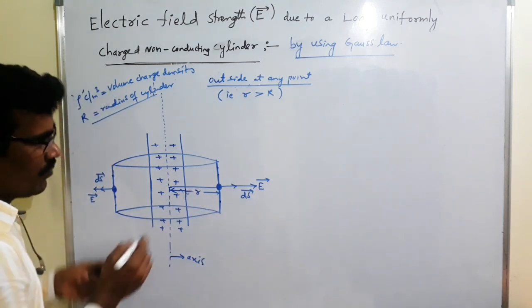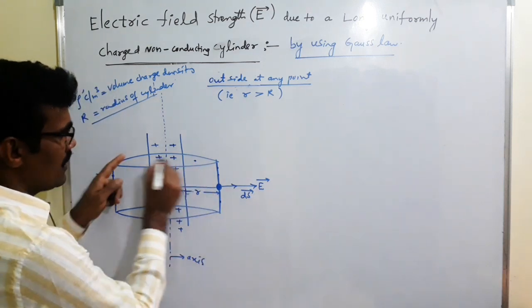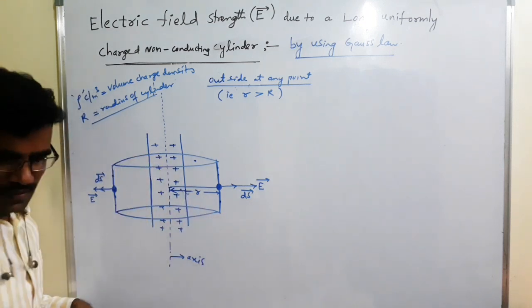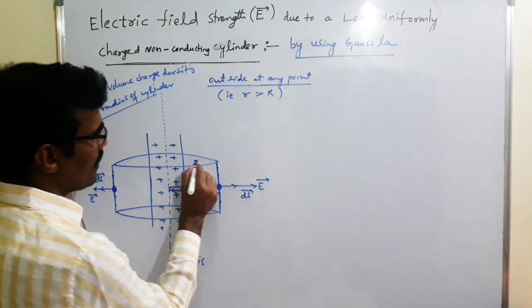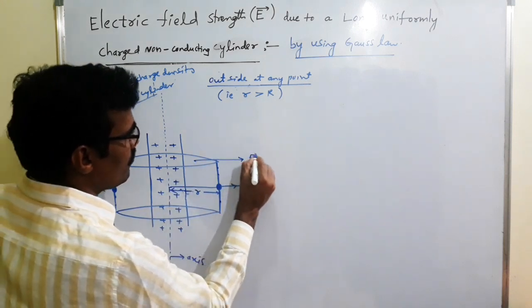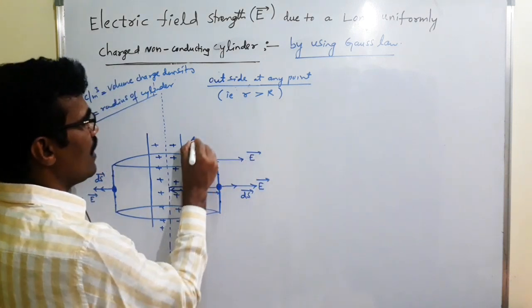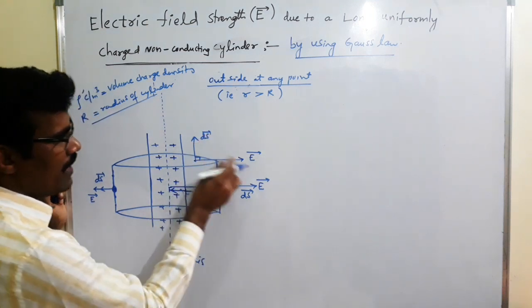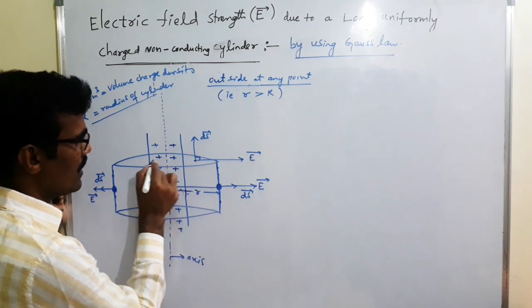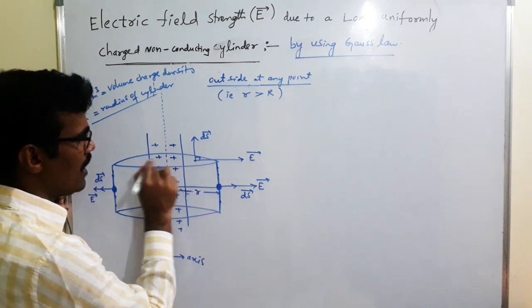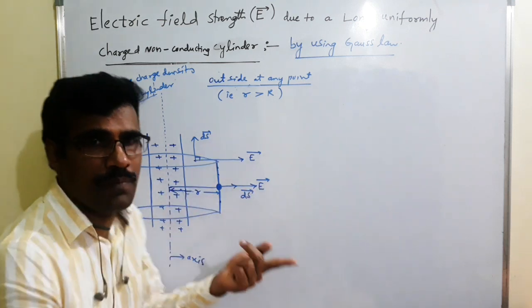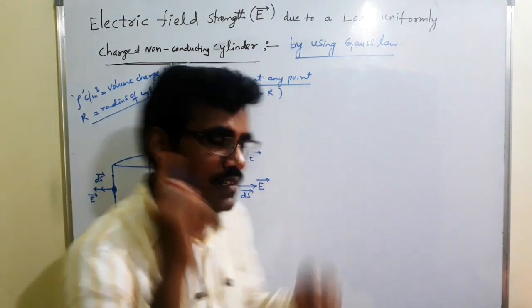What about the flat, circular surface? E bar is this side and ds bar is perpendicular, so E bar and ds bar are perpendicular. The flux through this surface is 0. At every point on the flat surface, E bar and ds bar are perpendicular to each other, so the flux is 0.